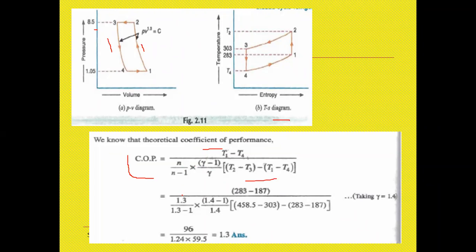Substitute the values of T2 minus T1 and T1 minus T4. Taking gamma is equal to 1.4, that implies COP is equal to 96 divided by, substitute all these. So this value is equal to 1.3, the coefficient of performance of the plant.